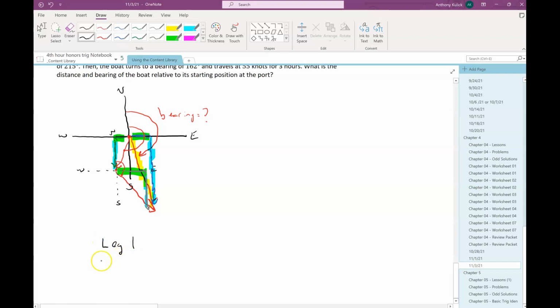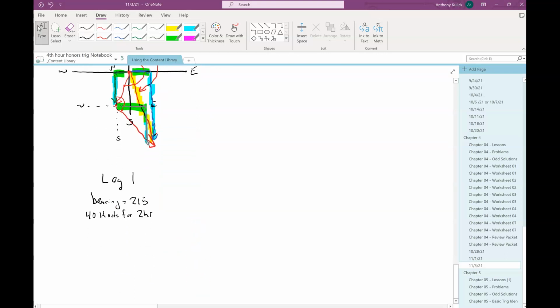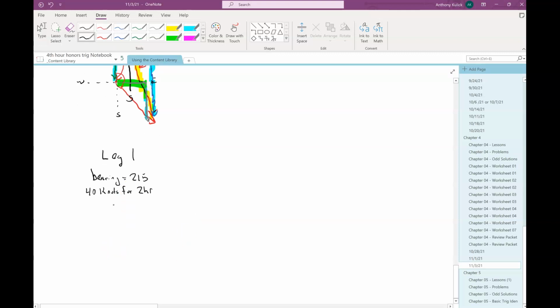So on the first leg of our journey, the bearing we're told was 215. And we're going 40 knots for 2 hours. So if I draw my picture here, I can convert that bearing into a standard position angle.